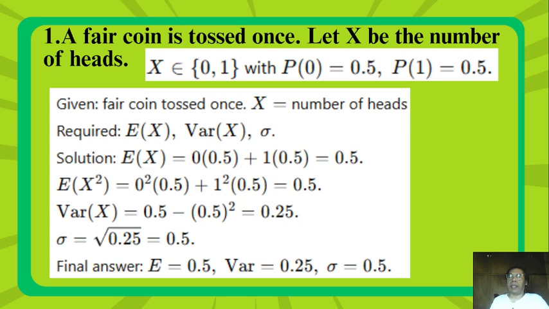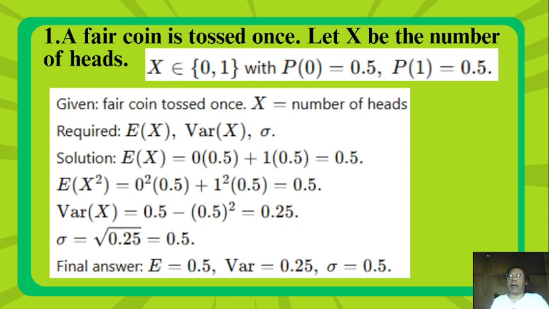Number 1. A fair coin is tossed once. Let x be the number of heads. So our x, the number of heads, has values 0 and 1, with the probability of 0 equal to 0.5 and the probability of 1 equal to 0.5.